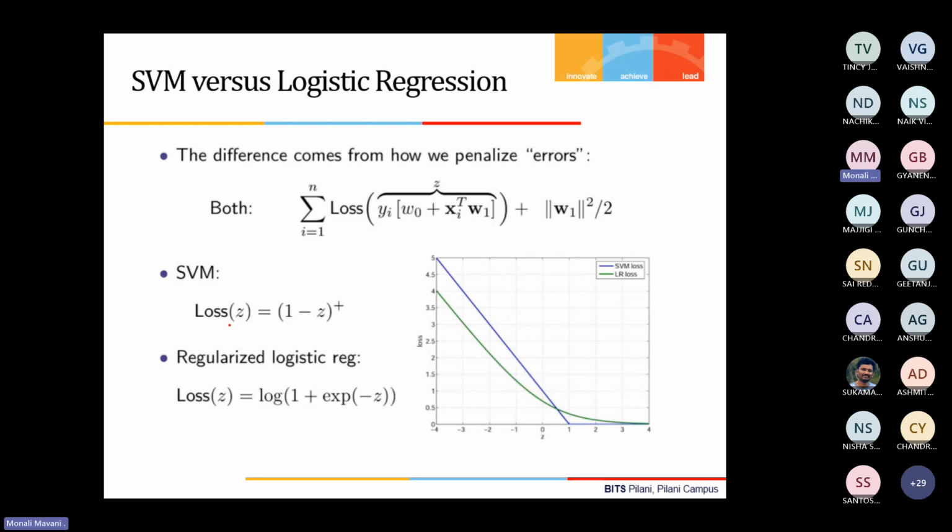Now you can say the loss function of SVM is written in this way, where Z is theta transpose X into Y, and the loss of regularized logistic regression is again written in this way. The SVM loss is a hinge loss, so there is an abrupt change at this point.